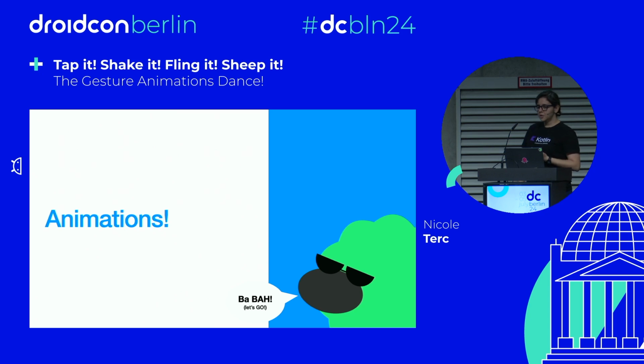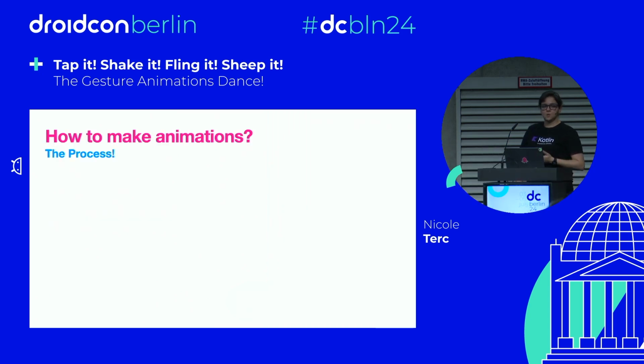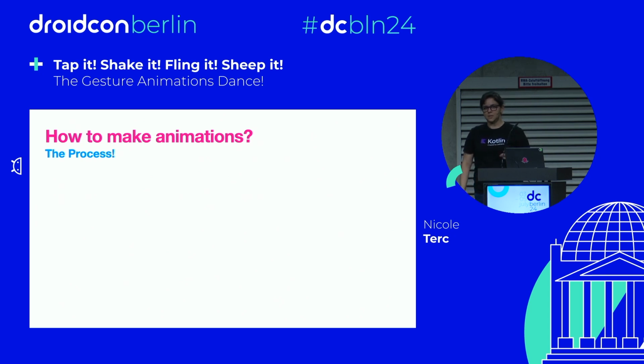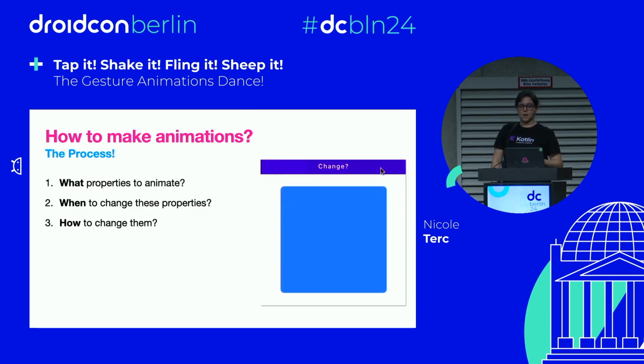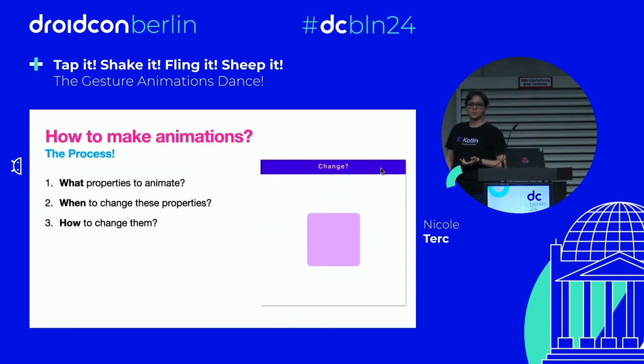The part I want us to focus on is how we are going to make these animations. Whenever I start thinking about creating animations in Android specifically, or Kotlin multi-platform in this case as well, I follow a process. And that process involves answering three questions. And those are what, when, and how. What properties do I want to animate? Do I want to change color? Do I want to change sizes?